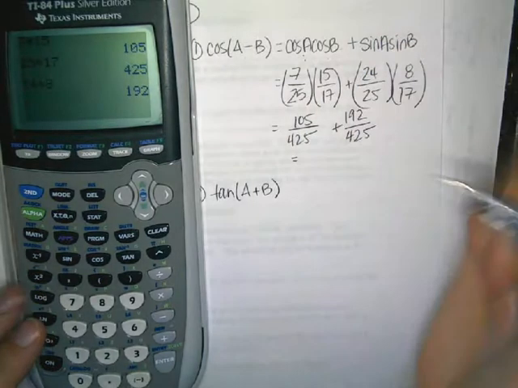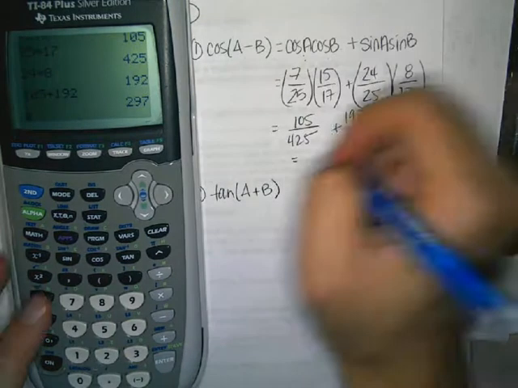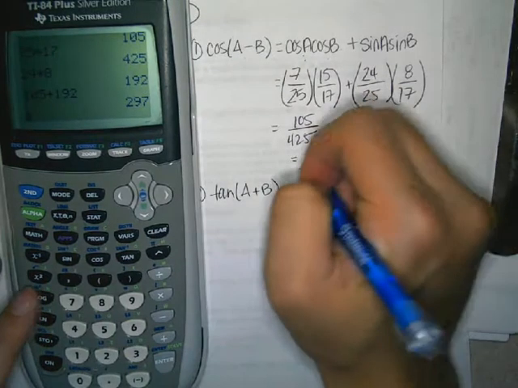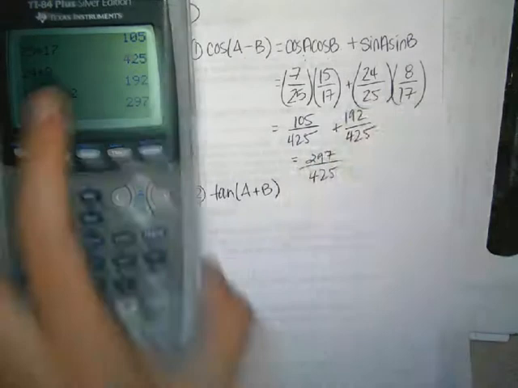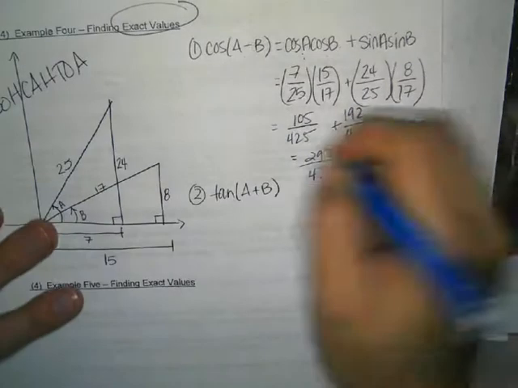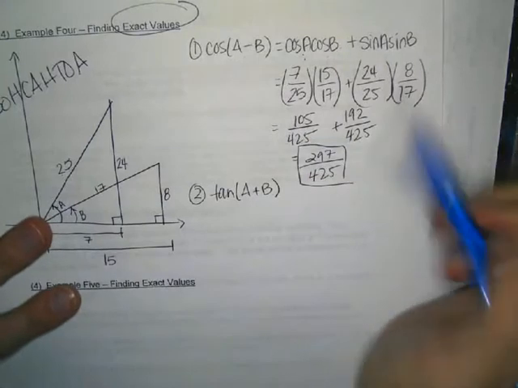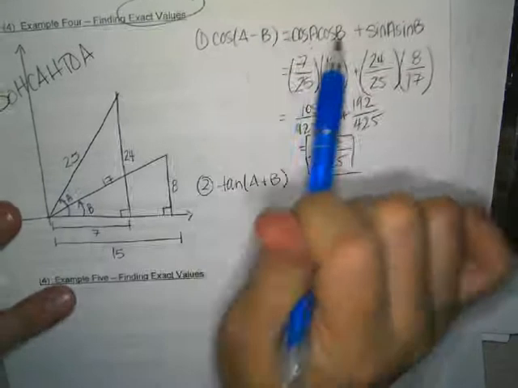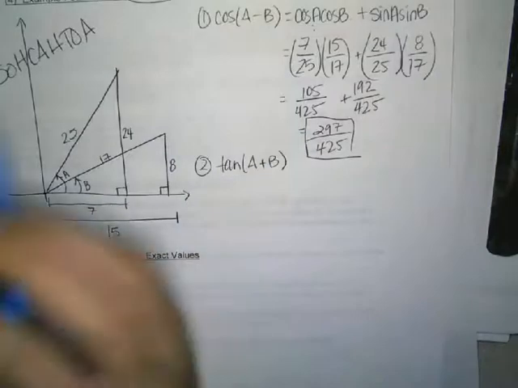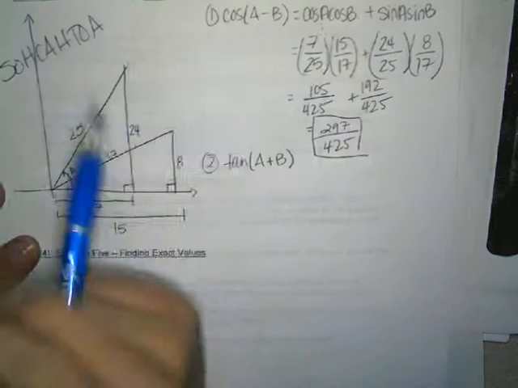Add across the top, you get 297 over 425. And that should be your final answer here. You can't reduce it. It's exact because we don't have to round. And if we did this problem and tried to find A and B, the angles first, and then do it that way, you would get decimals. So exact means no decimals, just use the ratios.